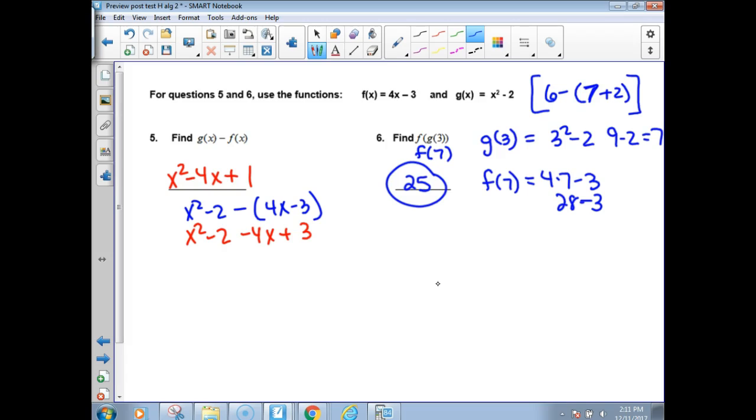I just think there'd probably be more possibilities of errors because sometimes they get a little more complicated, especially if it's to do the g of f of x. And if it's said to do the g of f of 3, that might mess you up a little bit, but whatever. If you've got 25, it's not incorrect because you apparently plugged this in correctly. Okay?